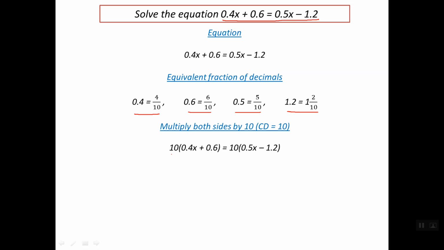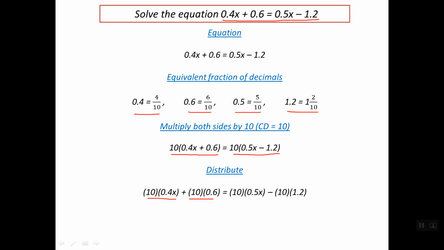For the left side we have 10 times 0.4x plus 0.6, and for the right side we have 10 times 0.5x minus 1.2. So we can distribute the 10. For the left side we have 10 times 0.4x plus 10 times 0.6, and for the right side we have 10 times 0.5x minus 10 times 1.2.